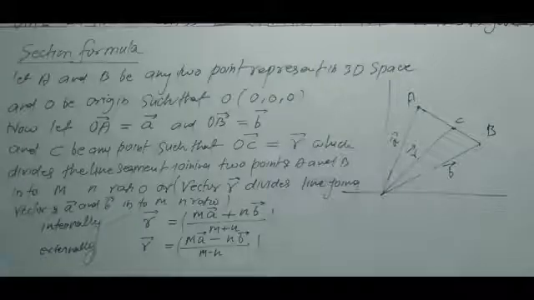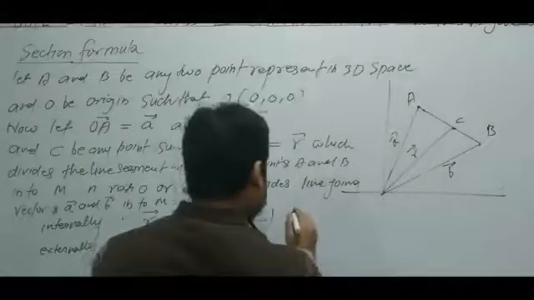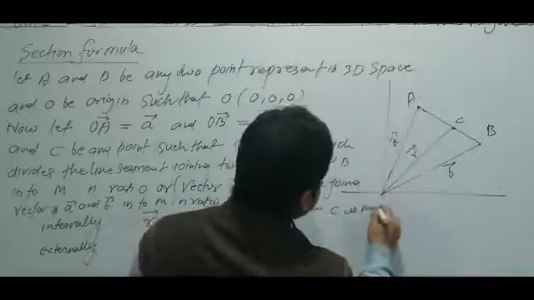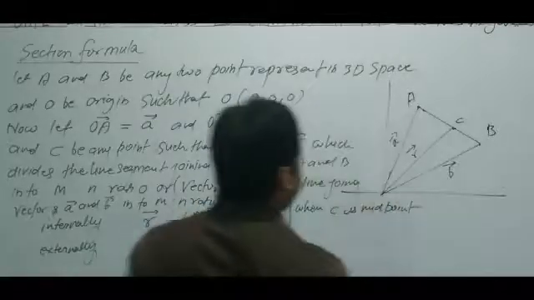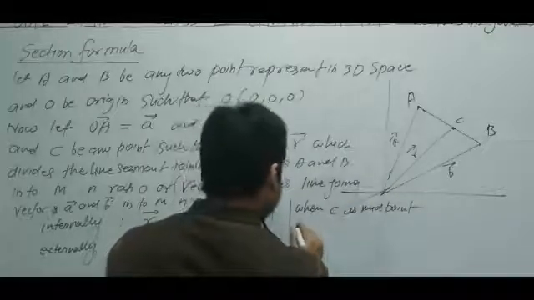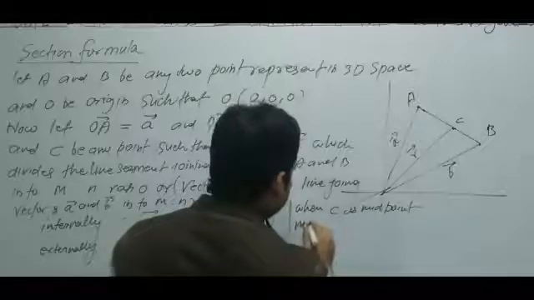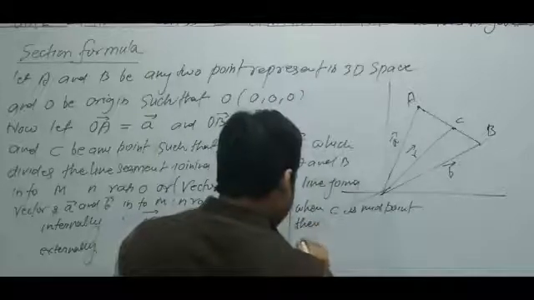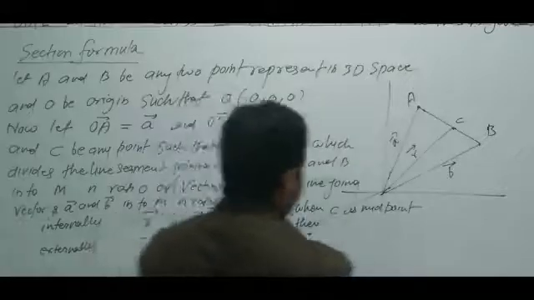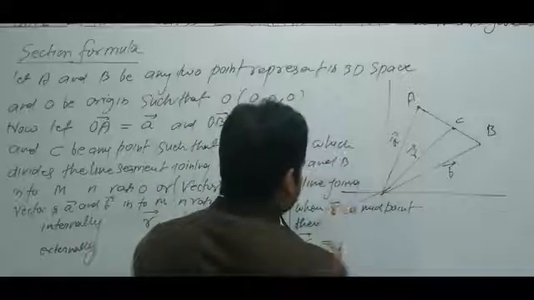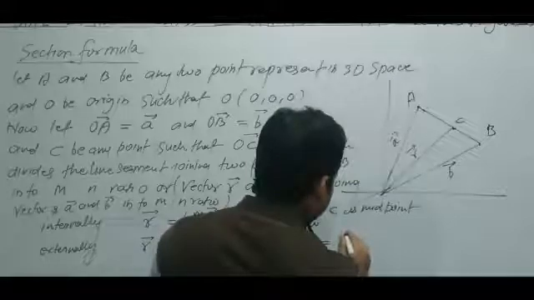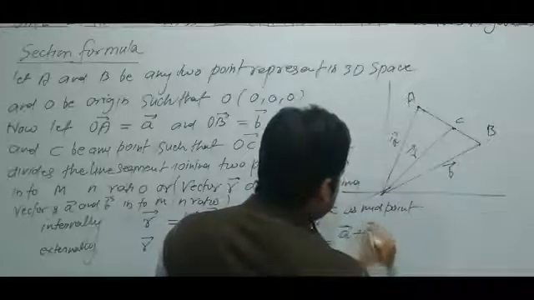And now in case of midpoint, when C is the midpoint, then vector R is equal to vector A plus vector B by 2.